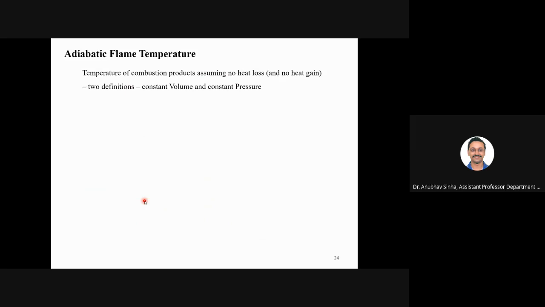Let us now define an important concept which is called adiabatic flame temperature. Let us say that I have reactant, I burn it, and product is formed. My assumption is that the system is insulated, so there is no heat loss or heat gain from the surroundings. Whatever temperature increase occurs because of combustion, that temperature is maintained.